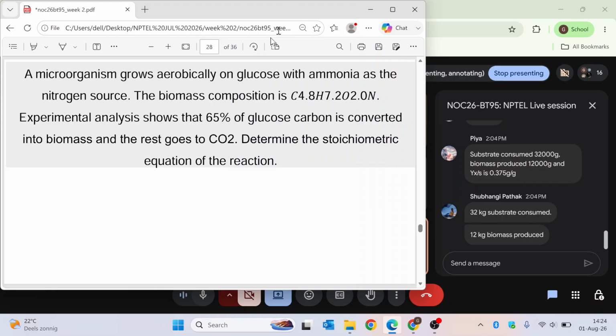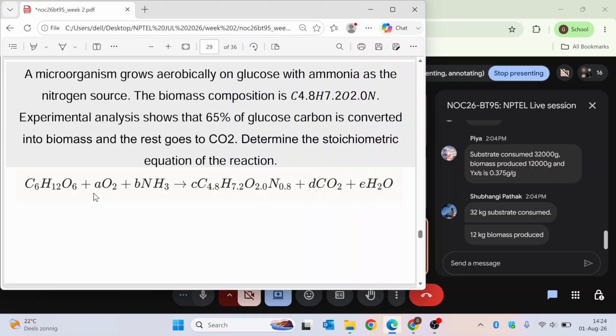So ideally what you will have here is your substrate, C6H12O6, plus ammonia plus oxygen. This is what is going to react, because they have given that it grows aerobically on glucose with ammonia.